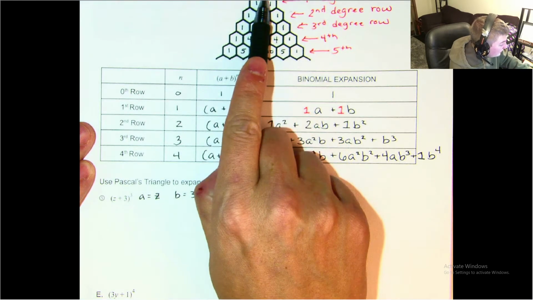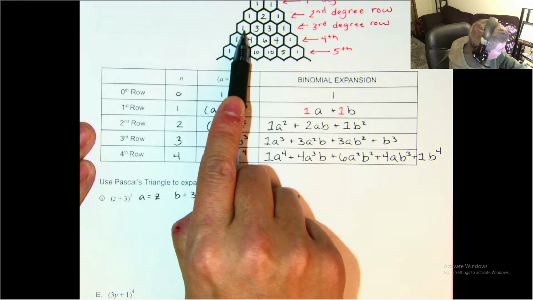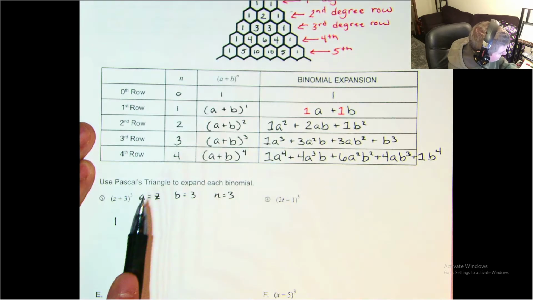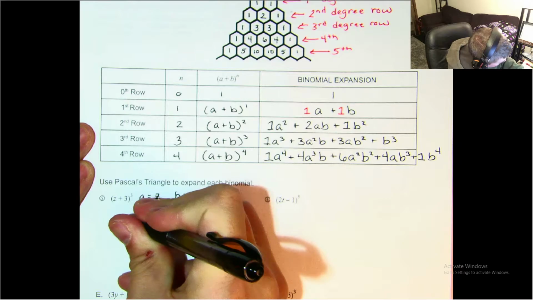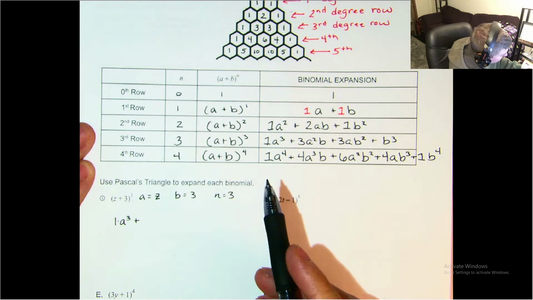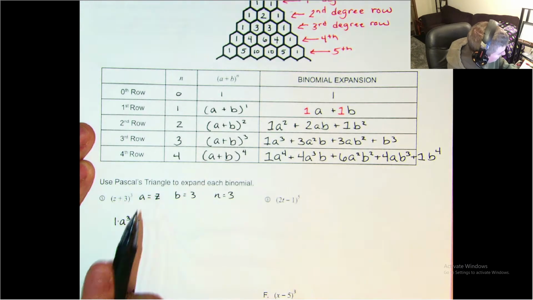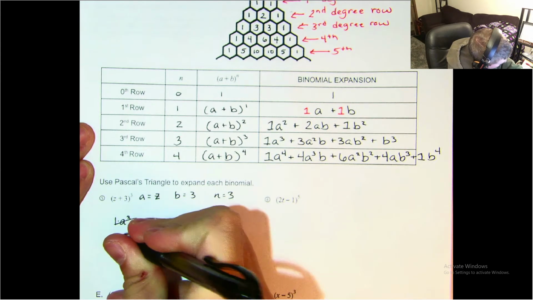So 0 degree row, 1st degree row, 2nd degree row, 3rd degree row. Okay, so I'm going to start with 1 times a to the 3rd power. And I'm going to add to it, well, a is z here, so let's go ahead and go 1 times z to the 3rd.